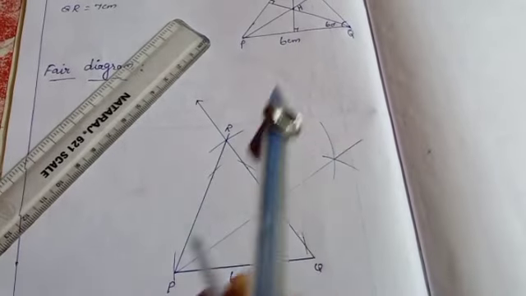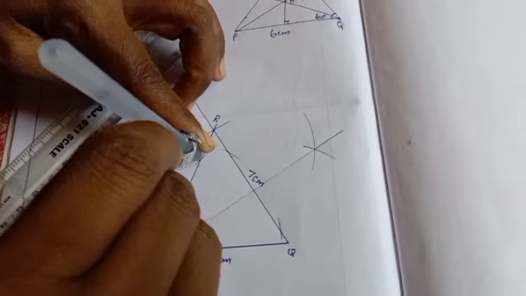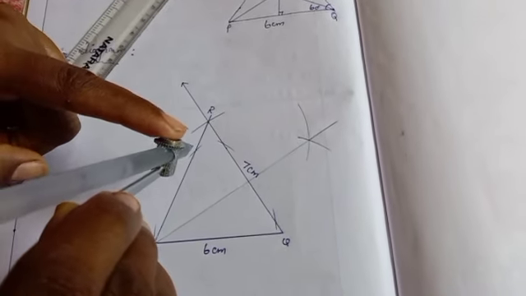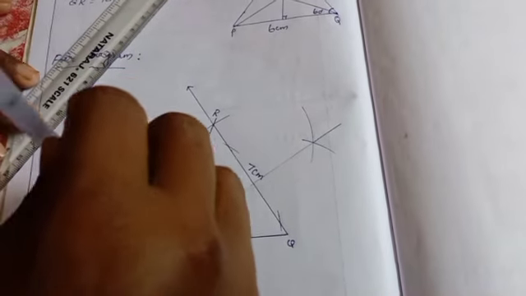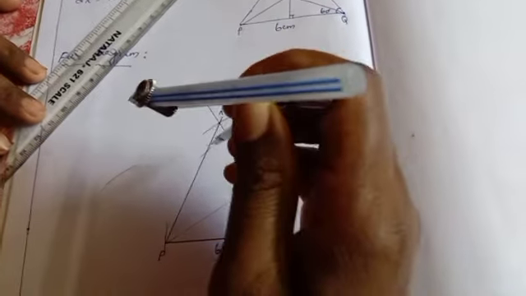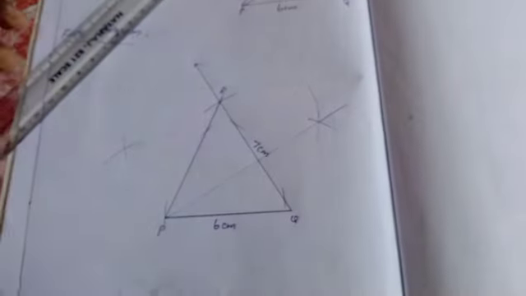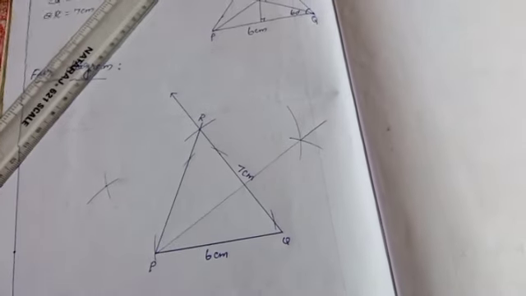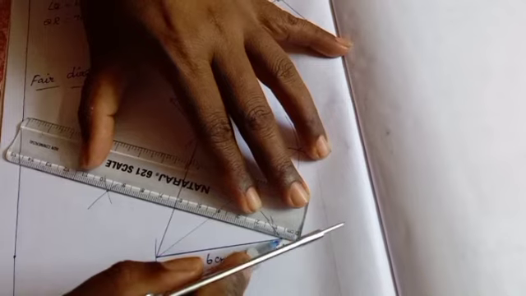Then you have to measure this measurement. Then you have to take more than half, that means you have to reduce that measurement a little bit. Take one arc. Then use this arc and draw another arc. Mark this intersecting point. Now you have to join these 2 points.